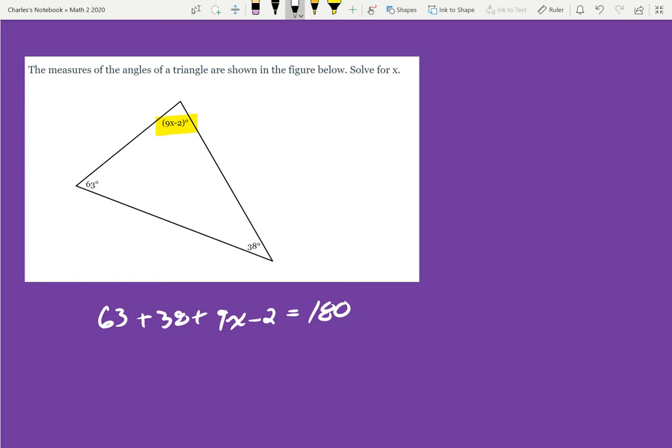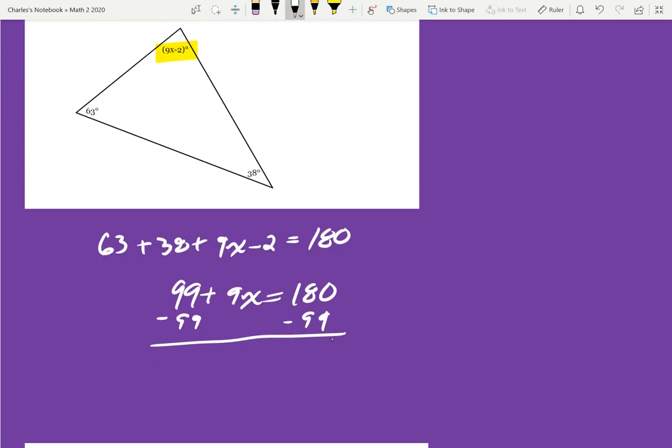When I add those together, I get, I think, 101. 101, I'm going to put the 101 in the minus 2. 99 plus 9x is equal to 180 minus 99 would be 9x is equal to 81. Divide by 9, divide by 9. And I get x is equal to 9.